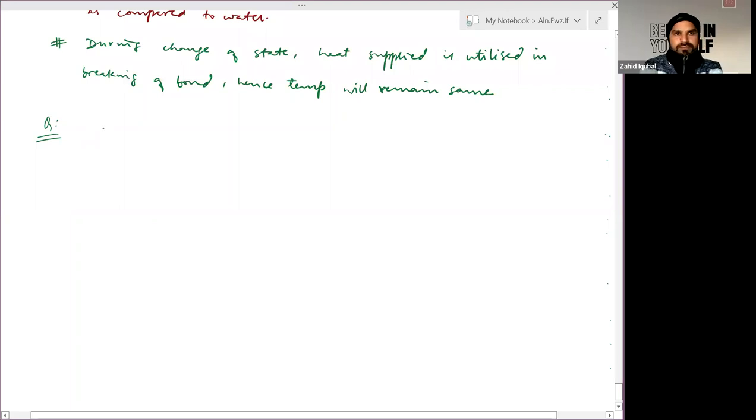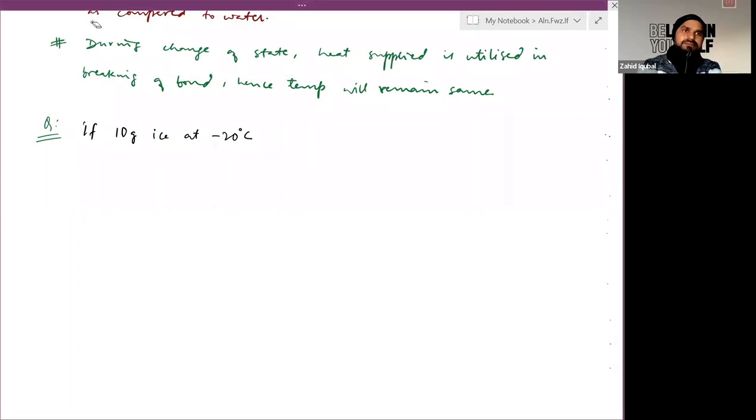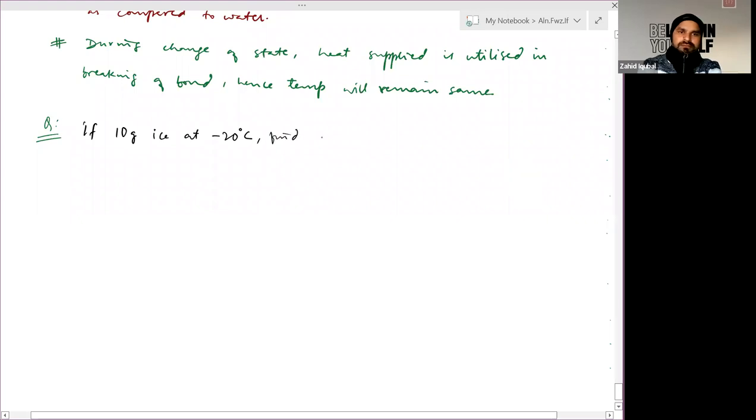Suppose first, if 10 gram ice at minus 20 degrees Celsius is given, find the heat to convert it into 10 degrees Celsius water. Try to solve.